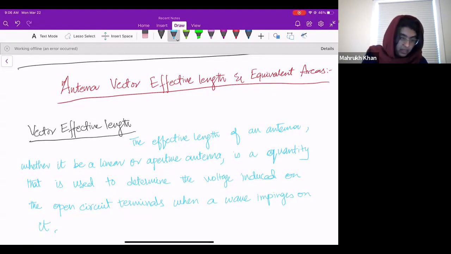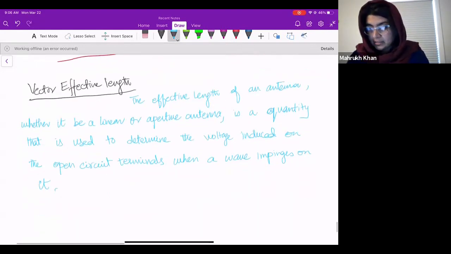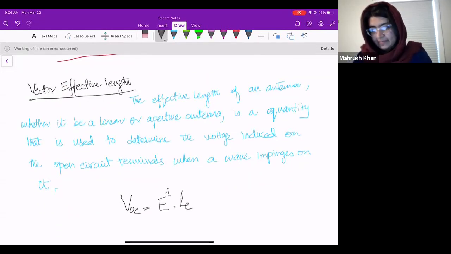So you can say that VOC is equal to the induced electric field dot vector effective length.